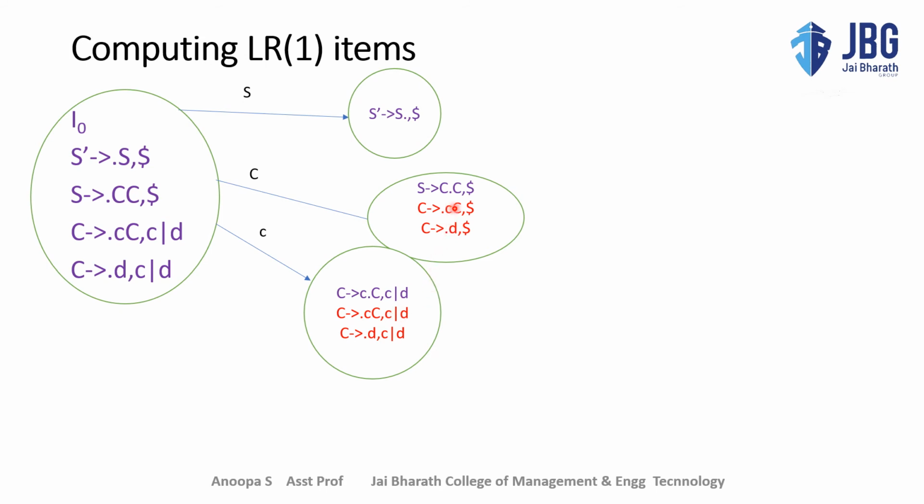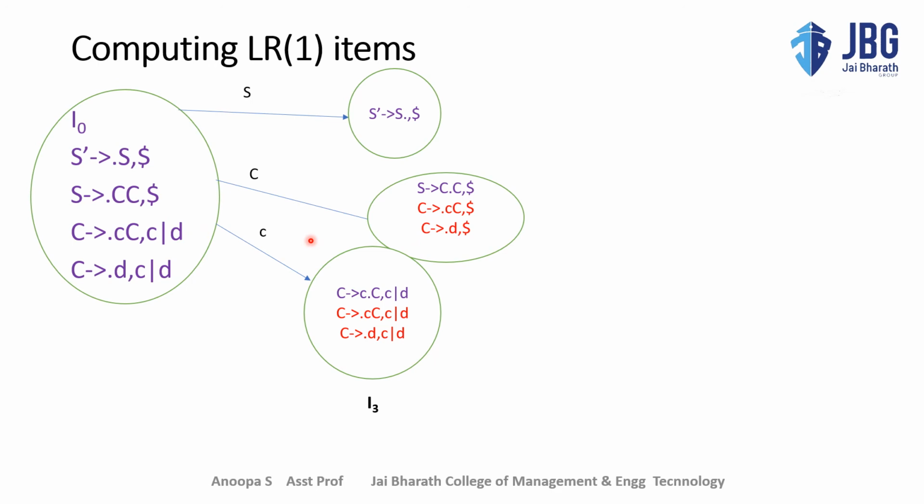See here, in both these cases the productions are same, only the difference is in look ahead symbols. When we take LR0 items, this production C giving dot CC and C giving dot D is the same. But in the case of LR1 items, the look ahead symbols here are dollar and here small c or d. So we have to keep it as two separate sets.